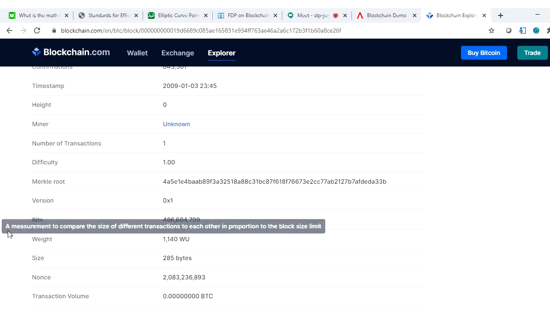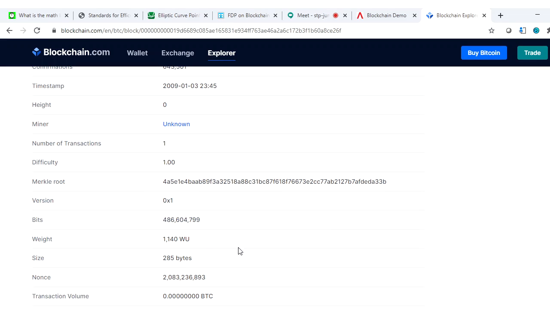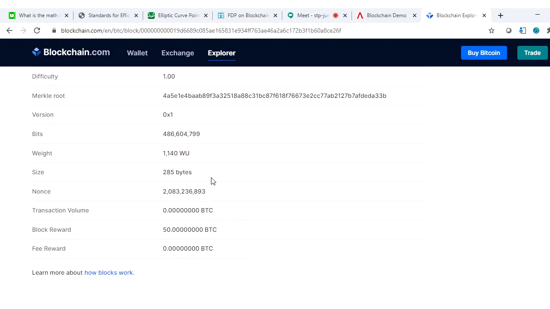This is the version, number of bits, weight, size, and nonce. This is the nonce value, the random number that was used to create this block. The first block was rewarded with 50 BTC, and the fee reward is this one. That means Satoshi Nakamoto started with 50 BTCs as the initial value. Later it was slowly developed.